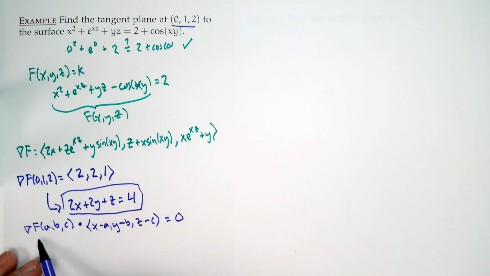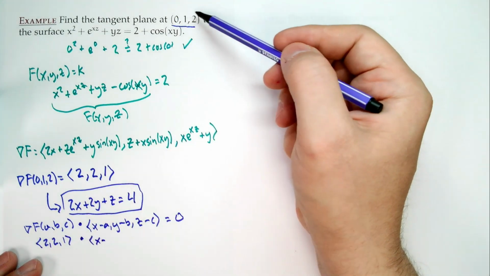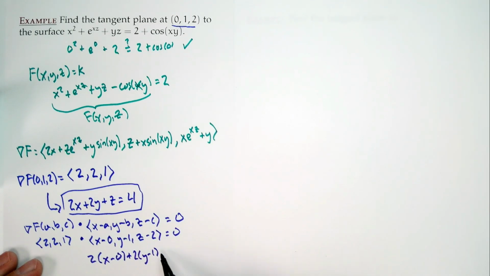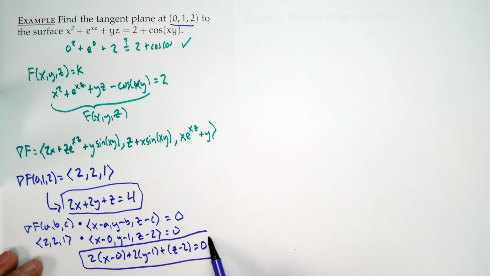So for us, we could say 2, 2, 1 dotted with, now here is our a, b, c, x minus 0, y minus 1, z minus 2 equals 0. Or 2 times x minus 0 plus 2 times y minus 1 plus z minus 2 equals 0. And that's the other way we could write it.